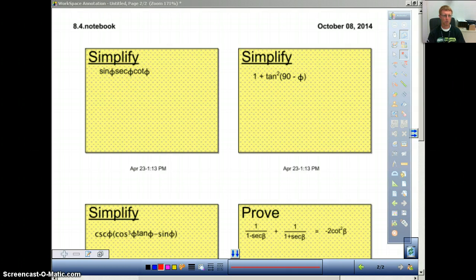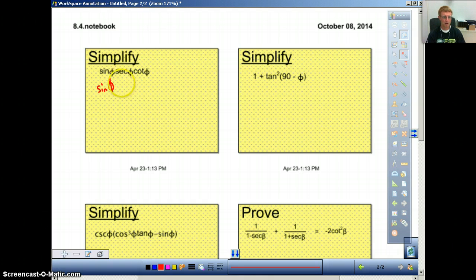So the idea of these is when you're trying to simplify, you want to try and get everything in terms of one of our trig functions, because we want to be able to cancel things out. So as of right now, I'm just going to go ahead and leave sine right here. If we need to do something with it, we will.